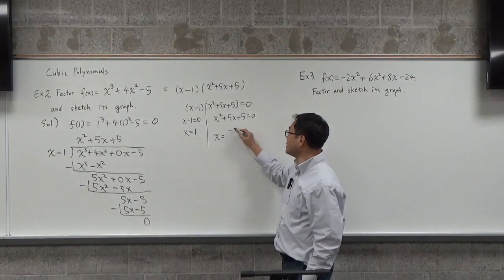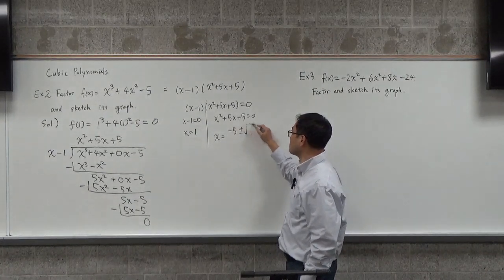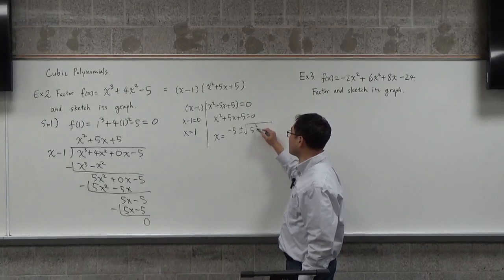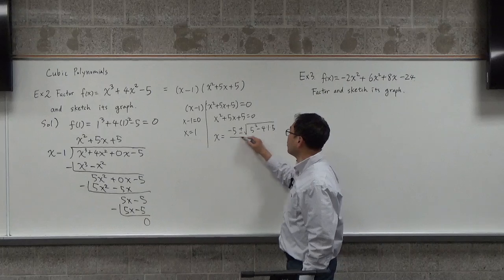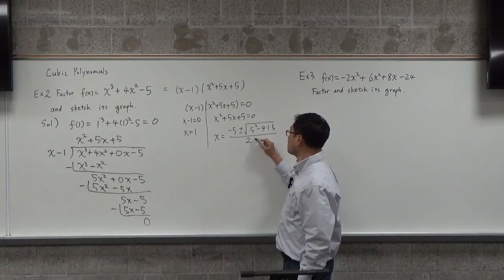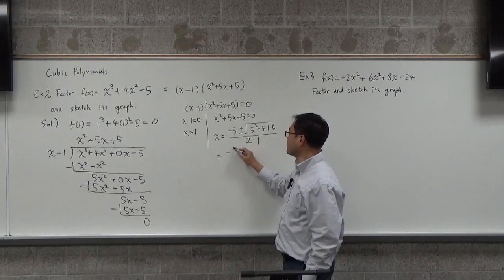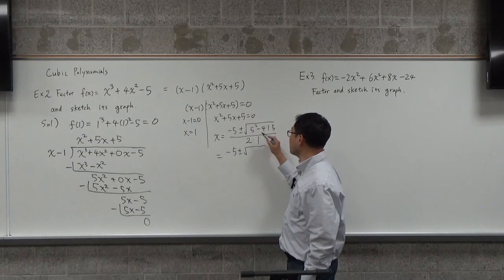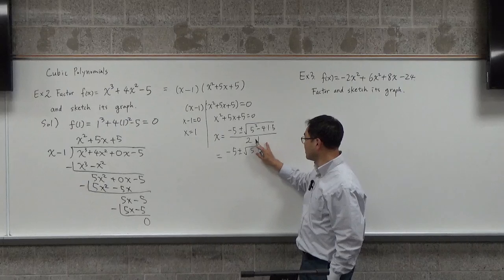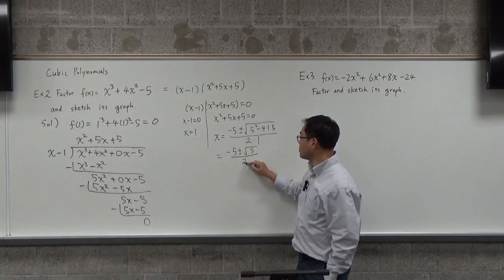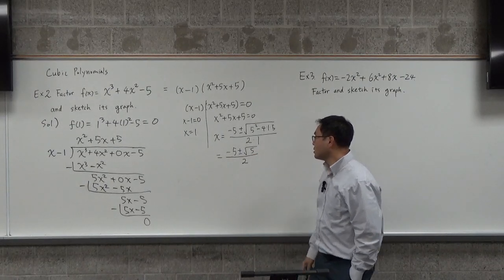So it's going to be -5 plus minus square root of 5 squared minus 4 times 1 times 5, over 2 times 1. So it'll be -5 plus minus square root of 25 minus 20, which is just 5, over 2. Okay.